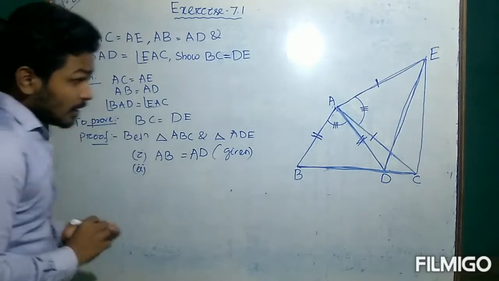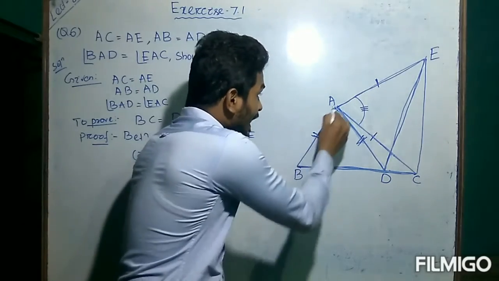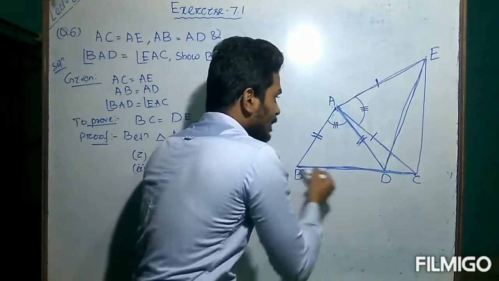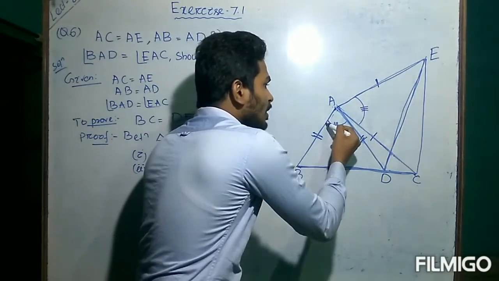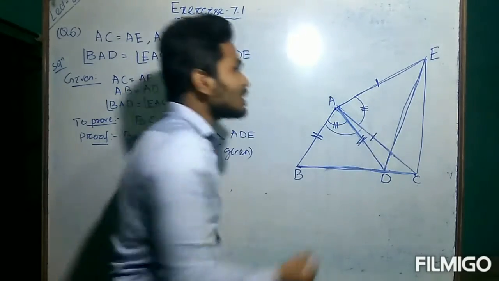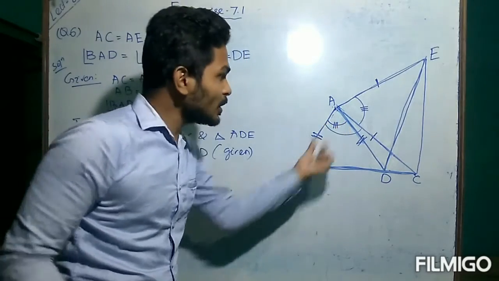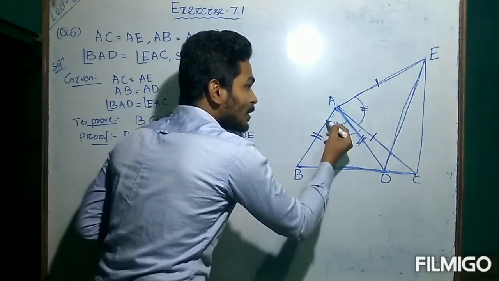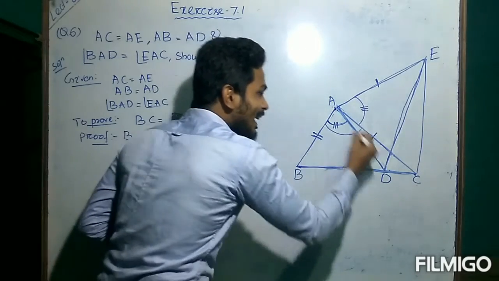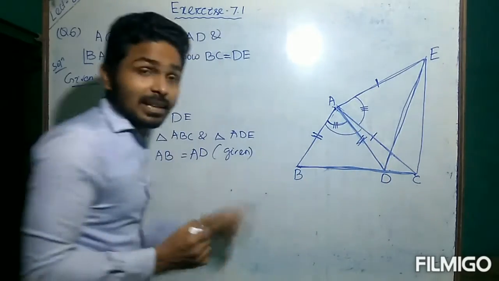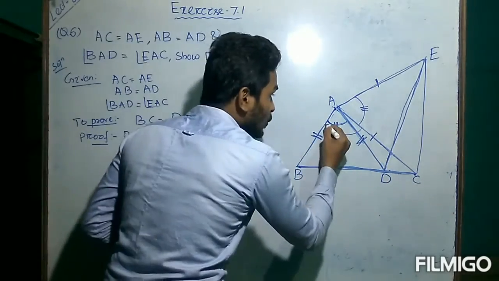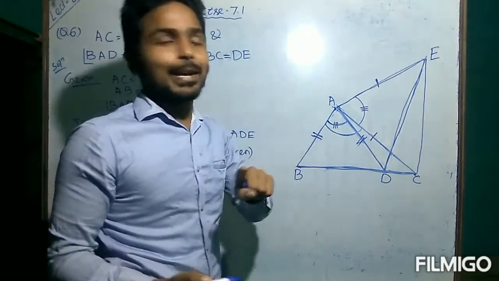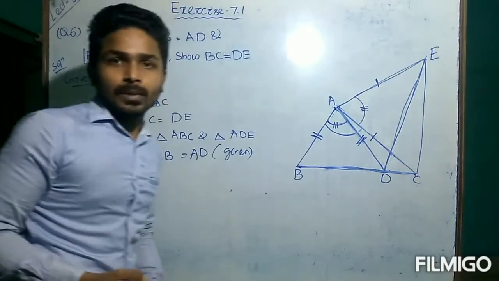Second case. Now, if we consider triangle ABC, the angle A is this whole portion, not only this portion. Because if you take this smaller angle, then it is the angle for triangle ABD. I have told you that we have to take this total angle, because it represents angle A of triangle ABC.